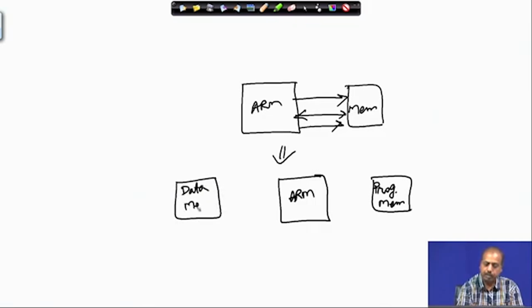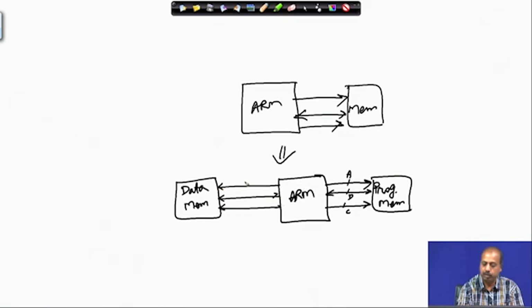Now, what will happen is that when the ARM is asking for program, it will access the program memory. So, it has got the address bus, data bus and control bus for the program part, and similarly it will have address, data and control bus for the data memory access.